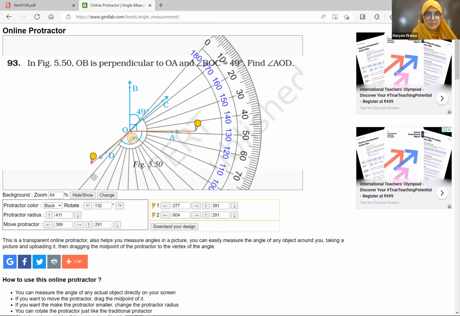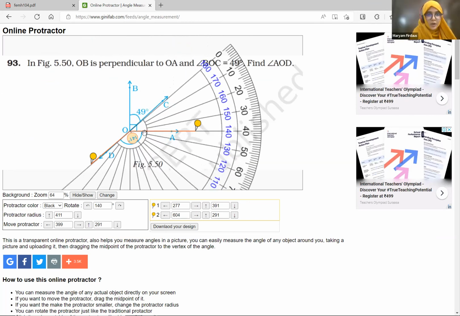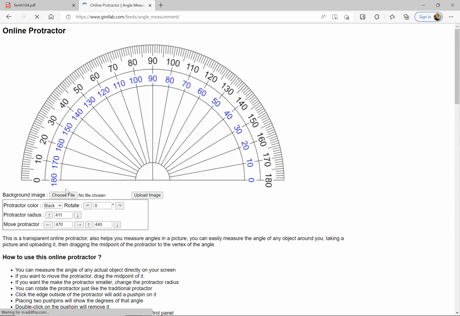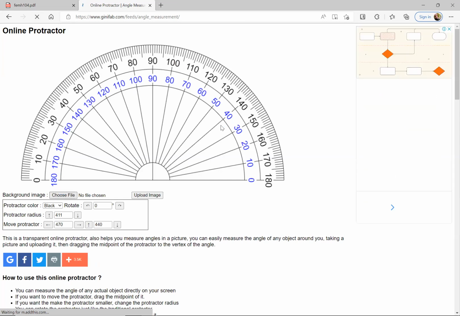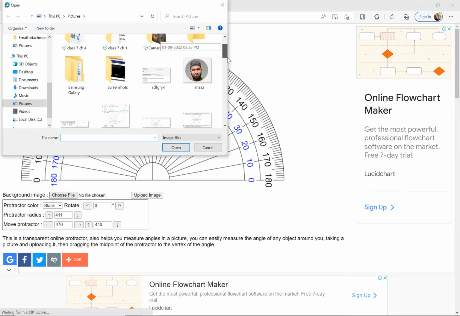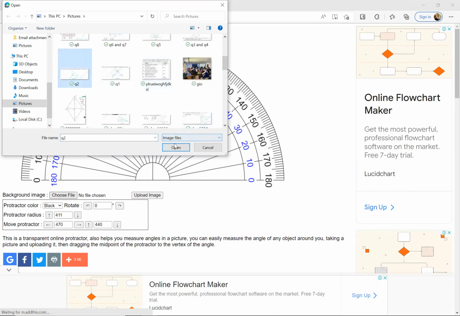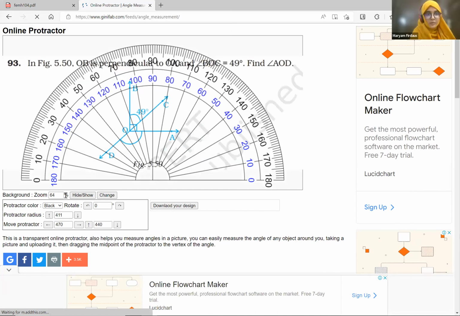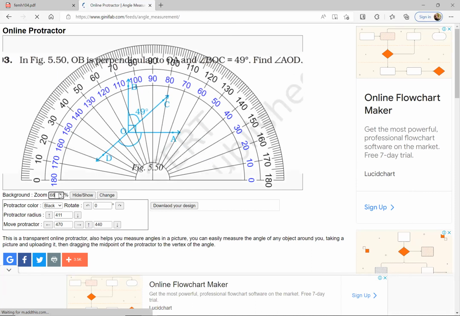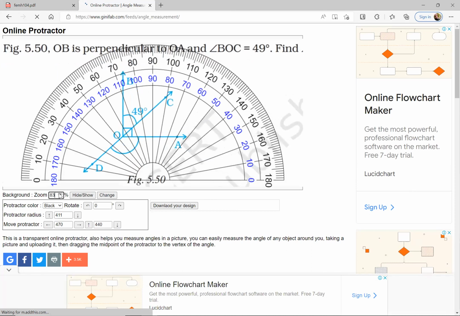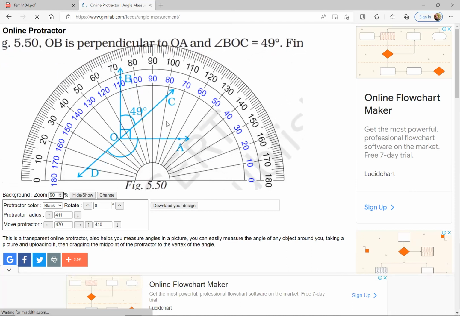Okay. See, so I have to make this the base, okay? This has to be the base. So my OD is the base. Can you see it? Yeah. I'm gonna explain it again. Drag to rotate, drag to move.